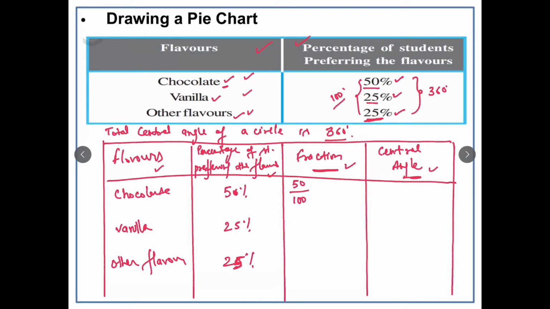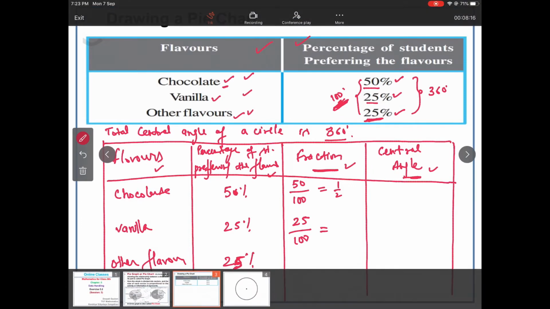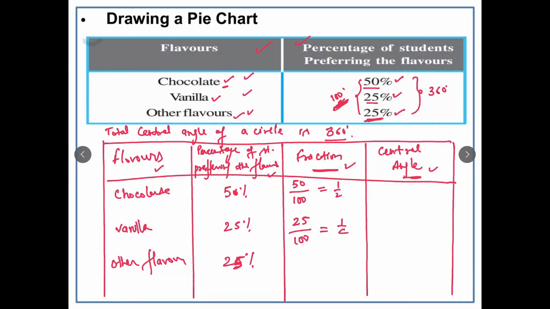So 50 by 100 will be 1 by 2. Similarly, vanilla is preferred by 25%, and the total is 100, so 25 by 100 is 1 by 4. Similarly, the other flavor is also 25% out of 100, so the fraction will be 1 by 4.